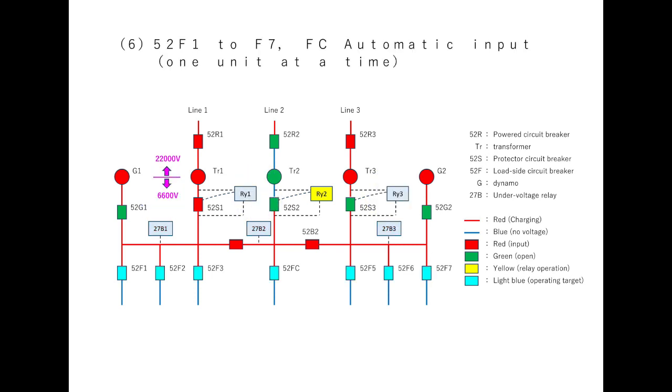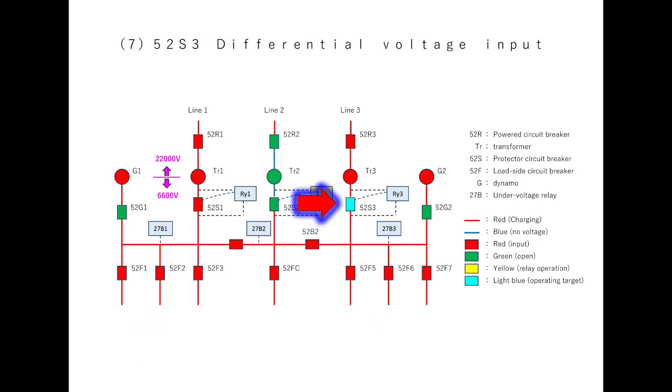When the under voltage relay automatically returns, feeder circuit breakers 52F1 to F7 and FC will be automatically closed at different times. Finally, 52S3 automatically turns on with its differential voltage turning on characteristic. This is the power restoration sequence on the power receiving and substation equipment side.